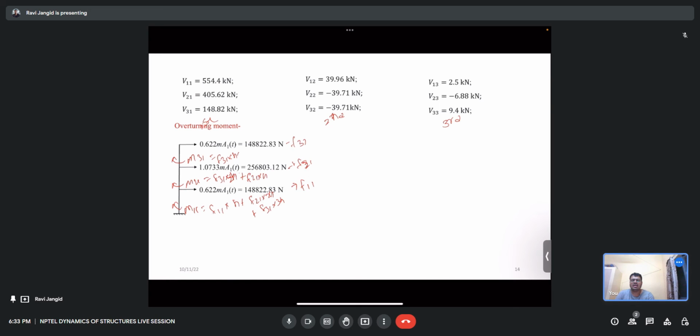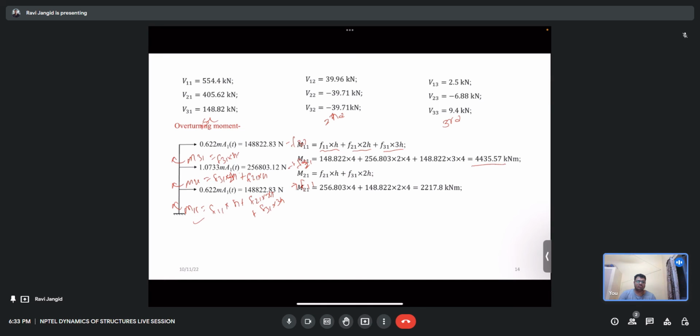If you put the force values F31, F21, F11, and the H value, you will be able to find the moment. So your M11 is calculated as F11H, F21 into 2H, F31 into 3H. This way we will get our moment as 4435.57 kilonewton meter. Same way M21, same way M31.